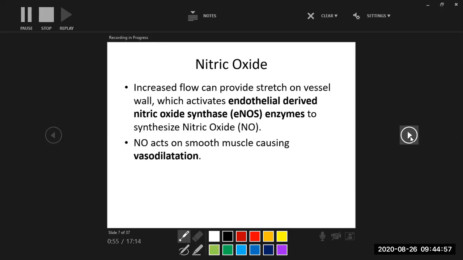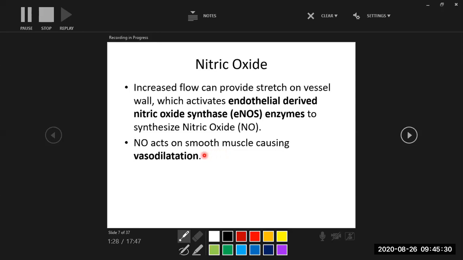In the endothelium cell, we have the enzyme called eNOS, endothelial-derived nitric oxide synthase. When this eNOS enzyme is activated by the shear force of the blood flow on the endothelium cell, it will release NO. NO then acts on the smooth muscle to cause vasodilation.